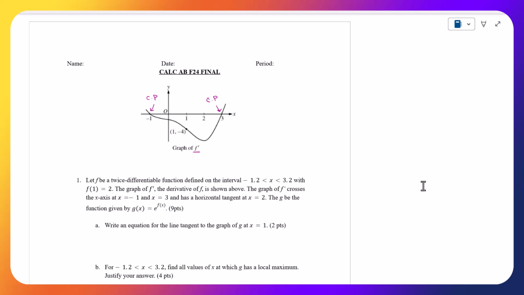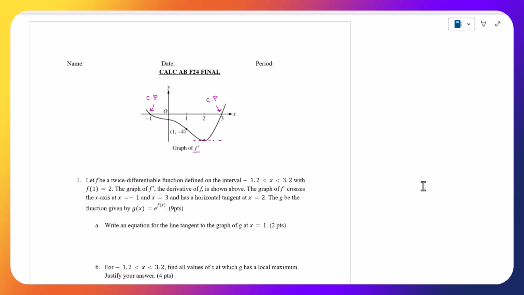If I'm looking at the graph, I can also tell that there's a vertex right here, so we have a horizontal tangent line there. And what does that horizontal tangent line mean?